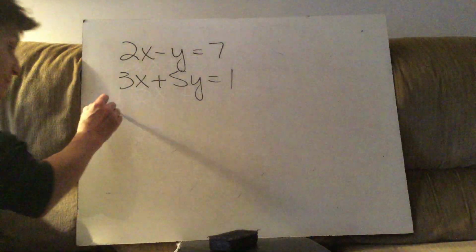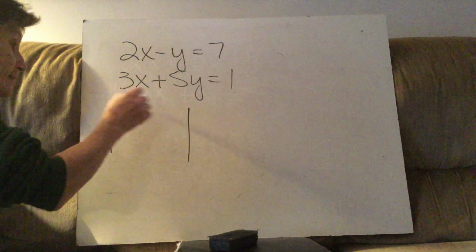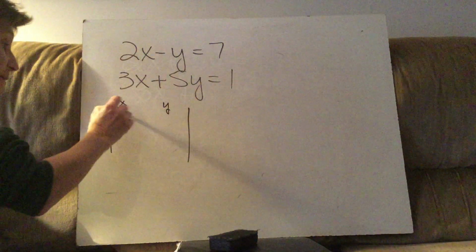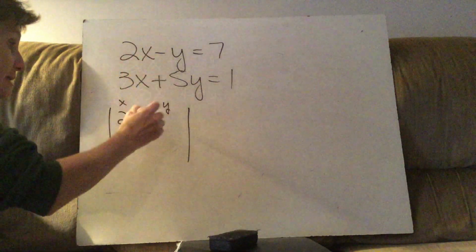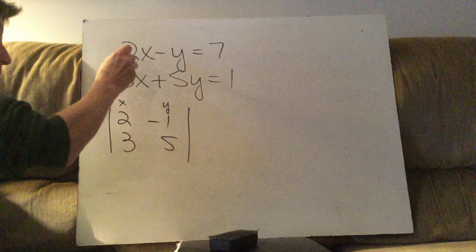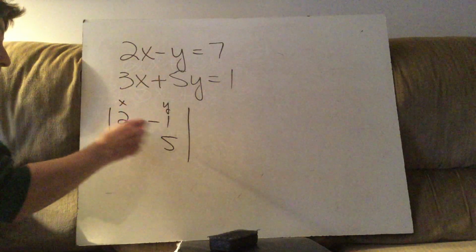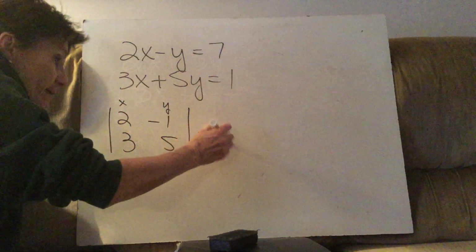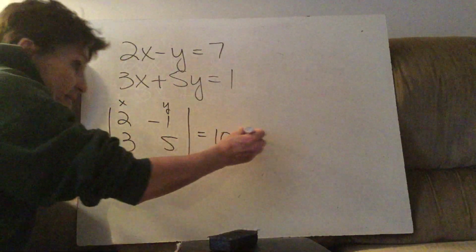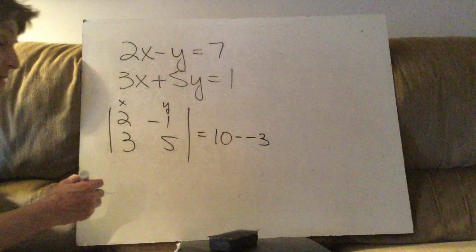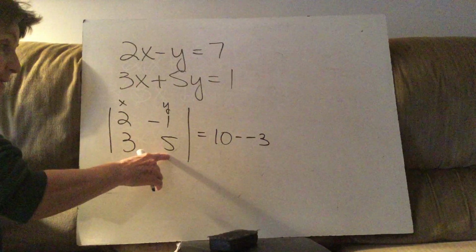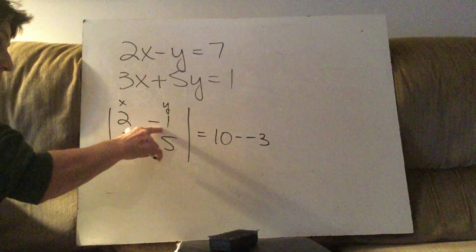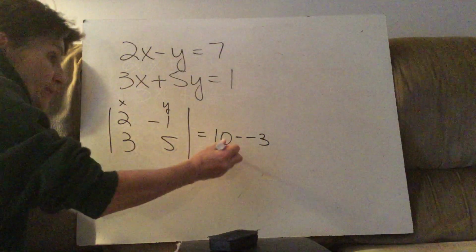So the first thing we do is find the determinant for our x's and our y's. So we have 2 and 3 for the x's, negative 1 and 5 for the y's, are the coefficients. So we're going to evaluate that. So it's 2 times 5, 3 times negative 1, and then we subtract those. So it's 10 minus negative 3. So that's 13.